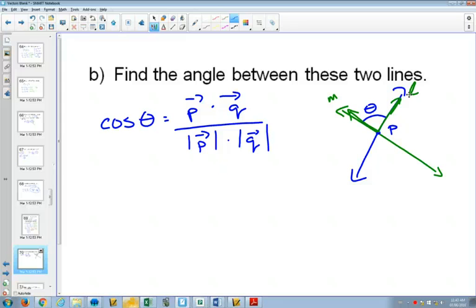Well, if I used the point where they intersect, somewhere over here is the origin, right? This point where they intersect was this vector. Is that a vector that we want to use? No. That's just a position vector of what we started with.